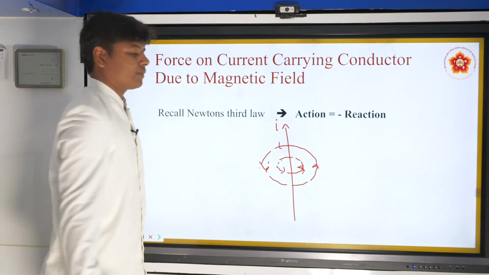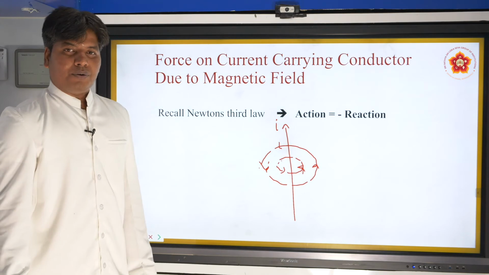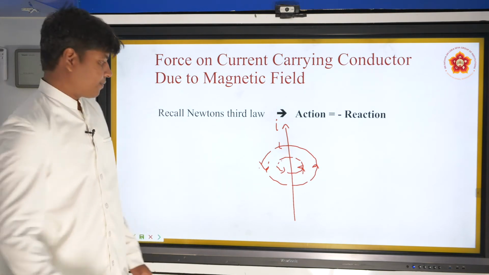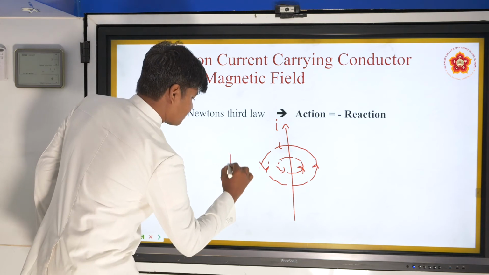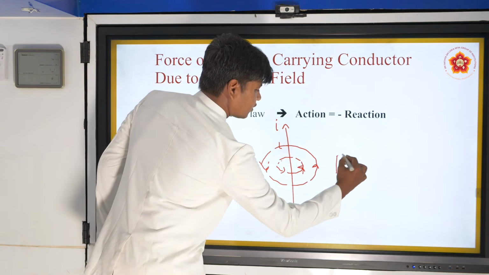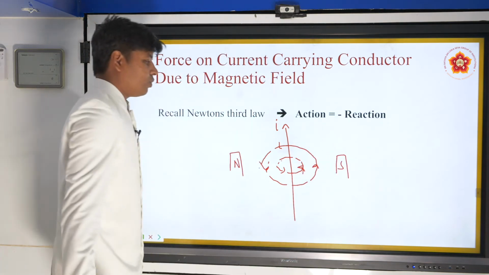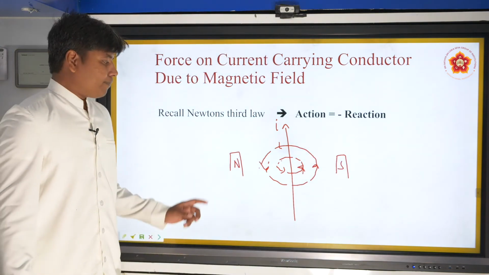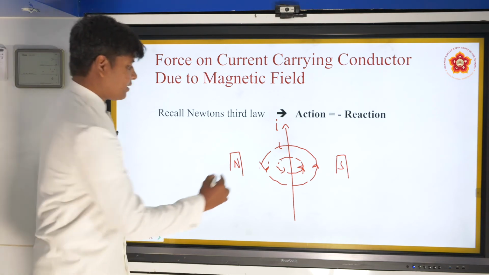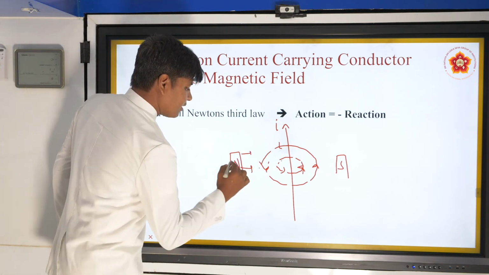Now you place an external magnetic field here. This is the north pole, this is the south pole of the same magnet. What will be the magnetic field direction of this? From north to south, right? It is in this direction, north to south.